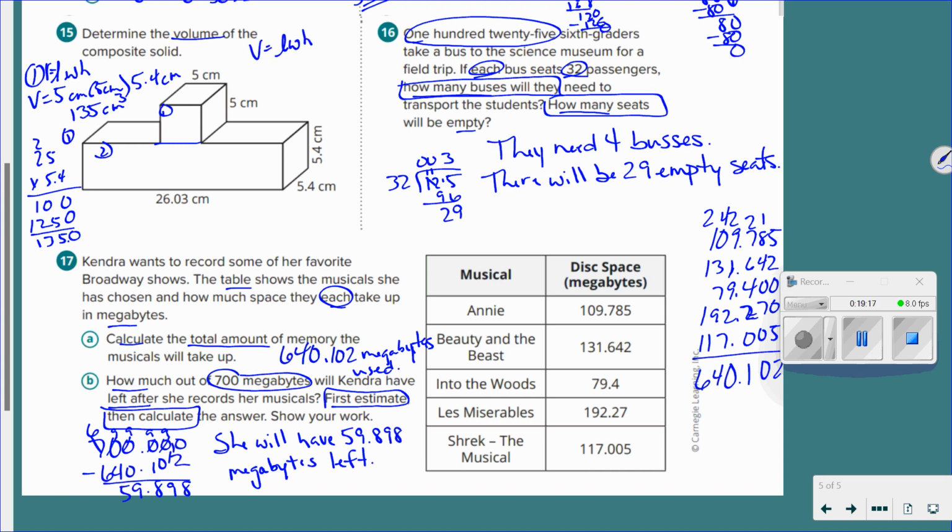My second one's considerably bigger, length, width, height, but now I've got a length, width, height. So 26.03 times 5.4 times 5.4. So start with the lower numbers, 5.4 times 5.4. 2 decimals gives me 16, 21, 0, 20, 27, 6, 1, 9, 2. 2 decimals.